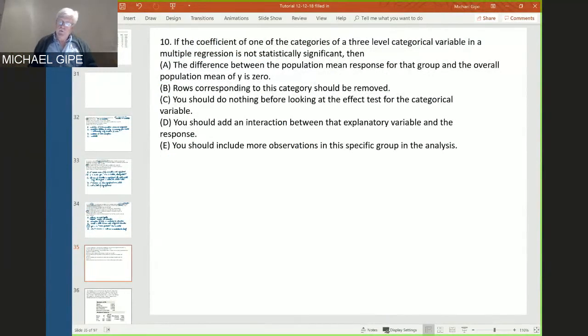Question 10. If the coefficient of one of the categories of a three-level categorical variable in a multiple regression is not statistically significant, then what? That is, the t-stat is less than 2, right? So is the difference between the population mean response for that group and the overall population mean of Y 0?